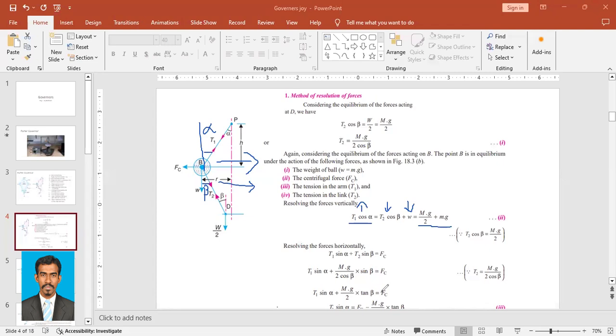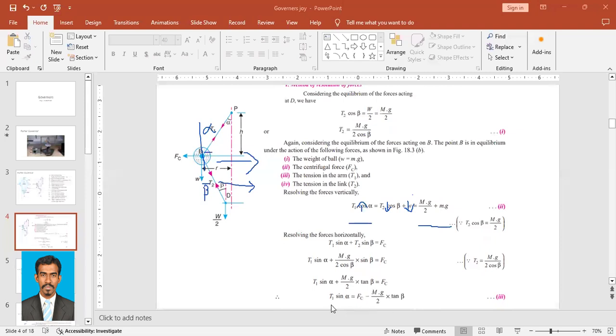When we further resolve it, T1 sin alpha is equal to Fc minus mg by 2 tan beta. We'll consider this as equation number 3.